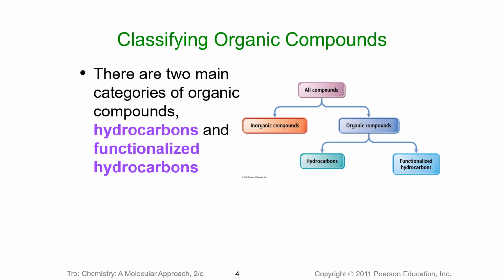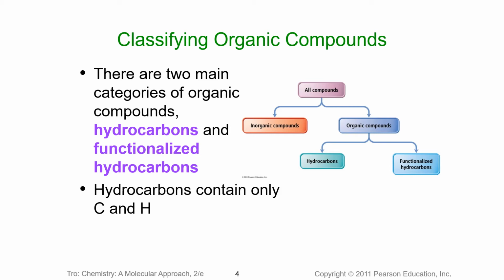If we have other elements present, then they become functionalized hydrocarbons. And these would have oxygen, nitrogen, phosphorus, sulfur. But if it's strictly hydrogen and carbon, it's what we call a hydrocarbon.